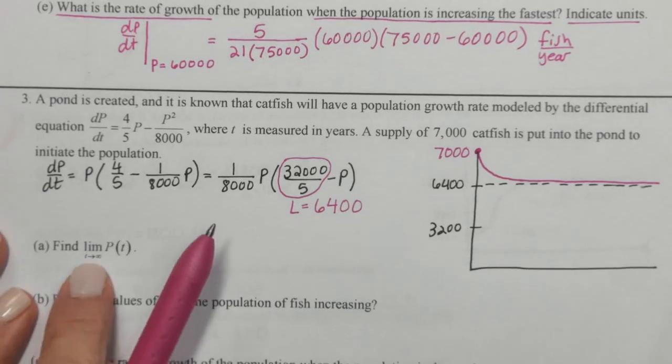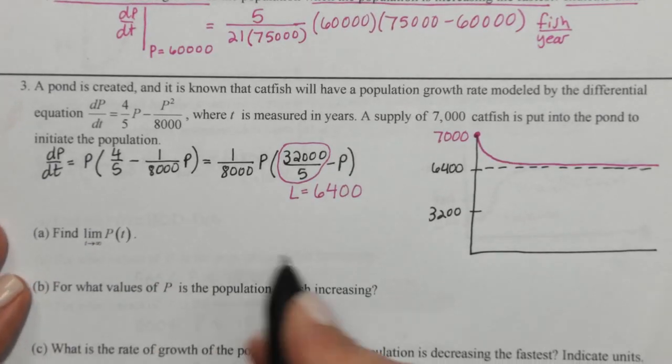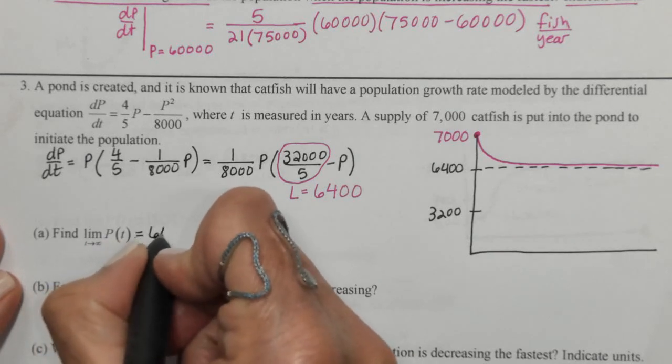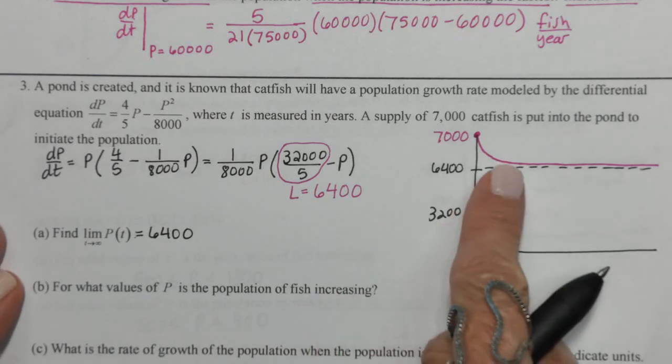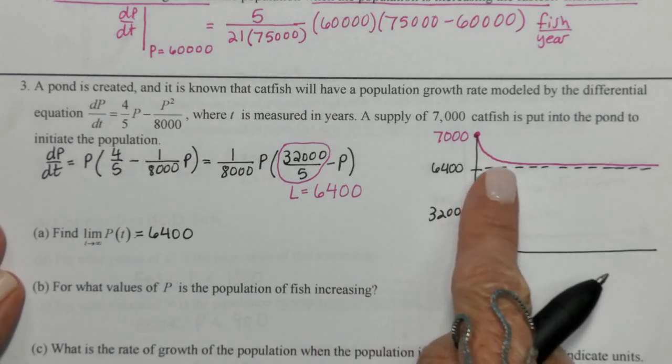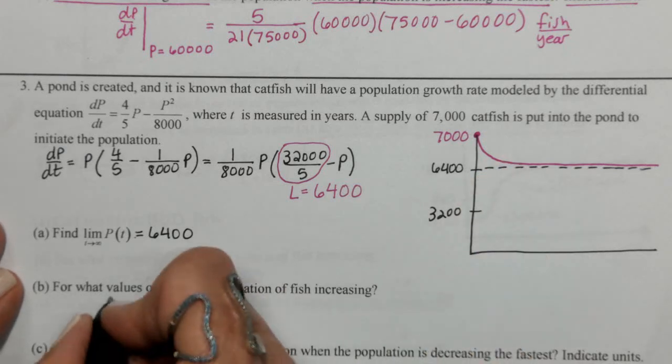So what is the limit as time goes to infinity? It is the 6,400. They didn't ask for units. If they did, it would be in catfish. For what values of P is the population of fish increasing? Well, according to this model, the population is never increasing.